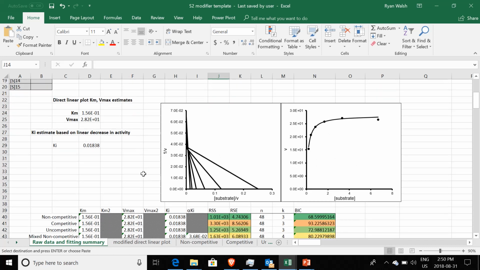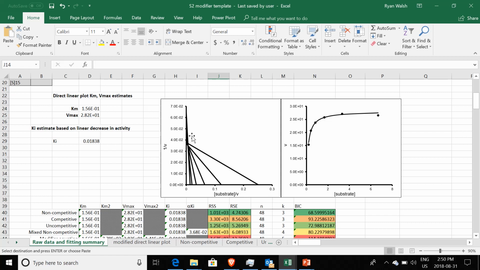So this is the modified direct linear plot, and the intercept here produces a median value for estimating Km and Vmax, and you can see that the predicted equation for using Km and Vmax goes through the experimental data very well.